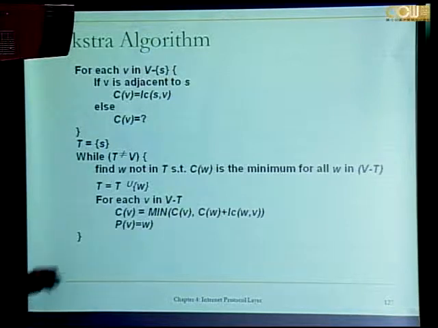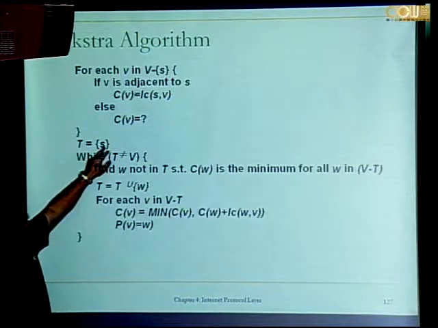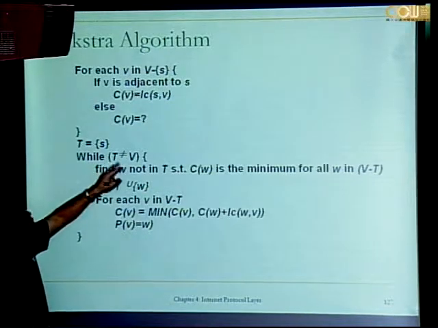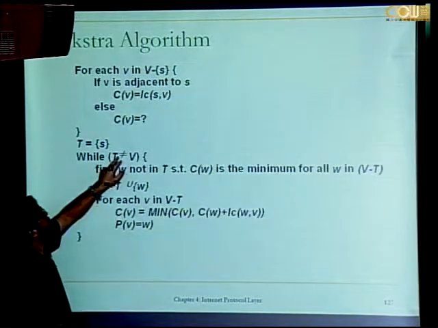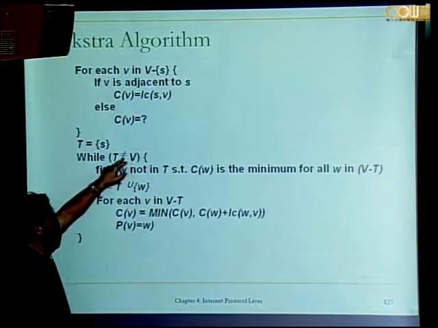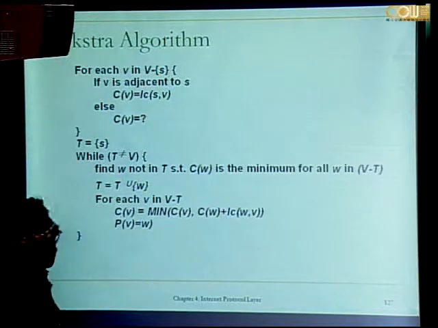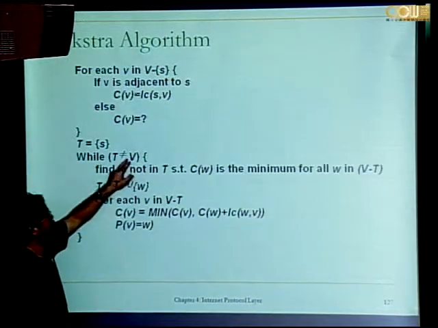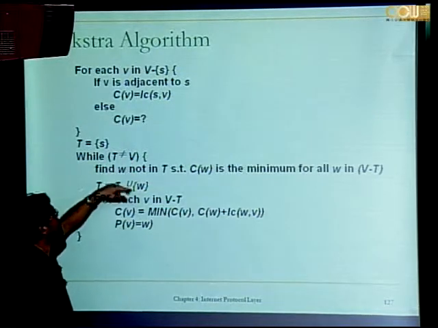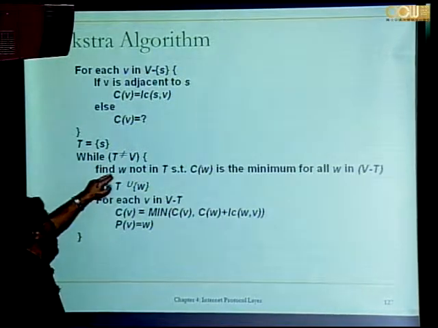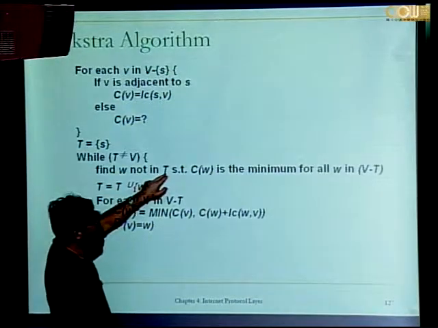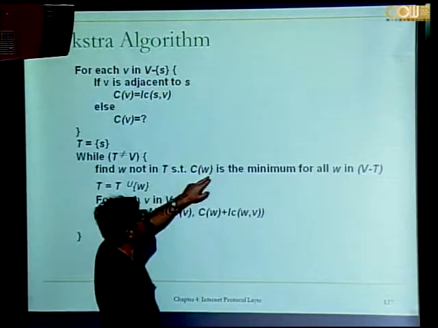Initially, only the source is in the set T. So we get into the while loop until T is equal to V. If T is equal to V, then the while loop ends. Otherwise, we do this. V is the original set, every router in the set. So what it does is find W, not yet marked, but has a label.